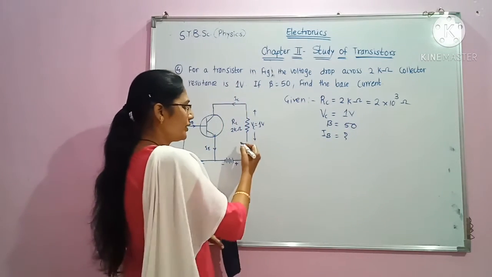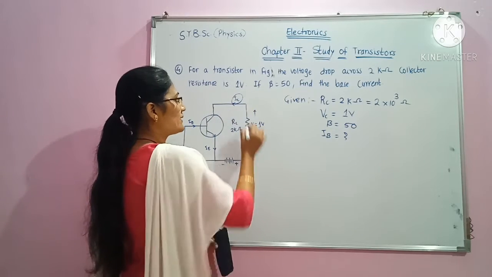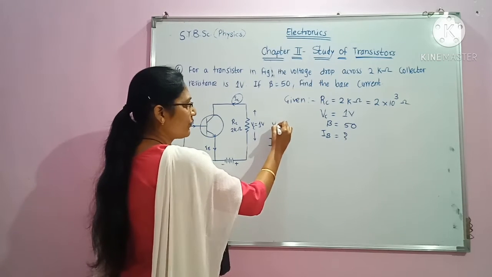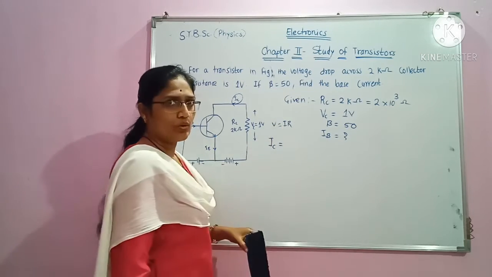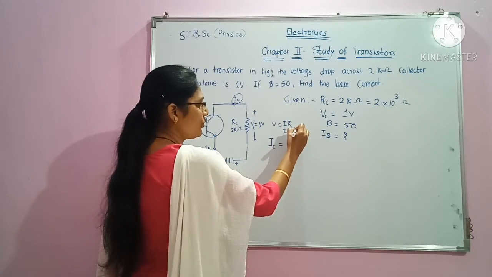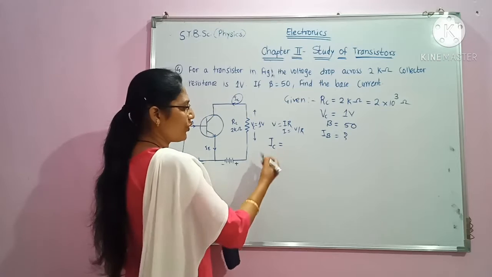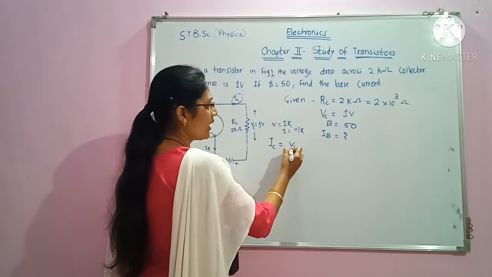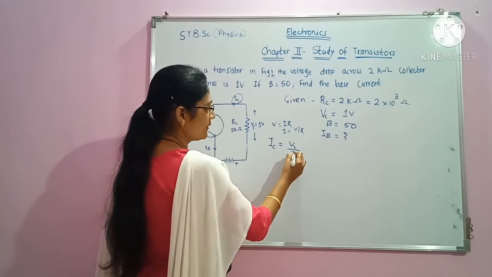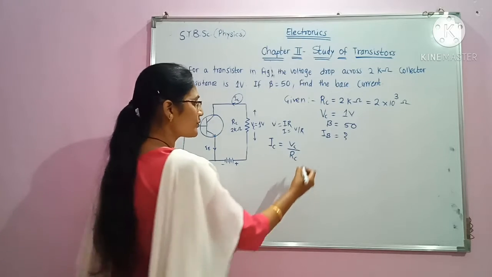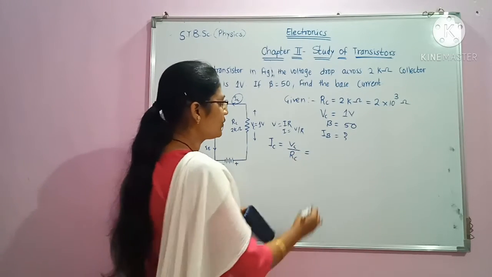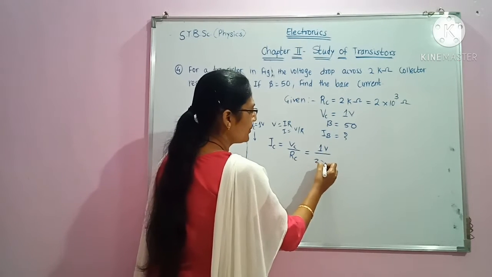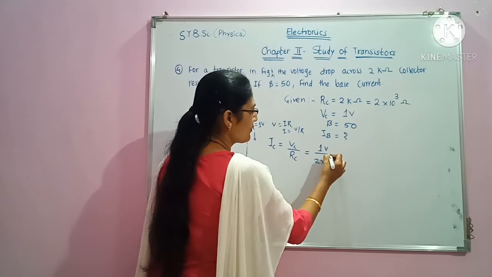So initially we have to calculate the value of IC. We know that V is equal to IR by Ohm's law, that is I is equal to V upon R. So the same formula we will implement here. IC is equal to VC upon RC. Substitute the value of VC: VC value is 1 volt divided by RC value, 2 into 10 raised to 3.